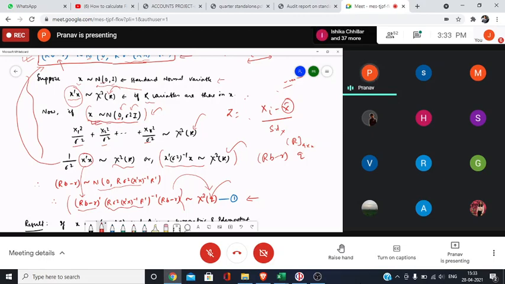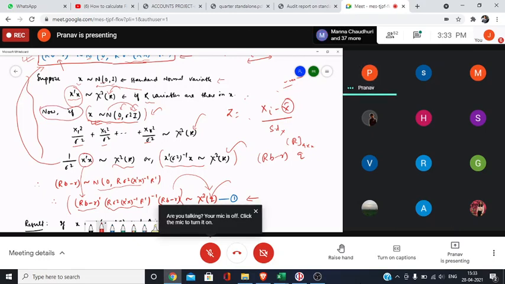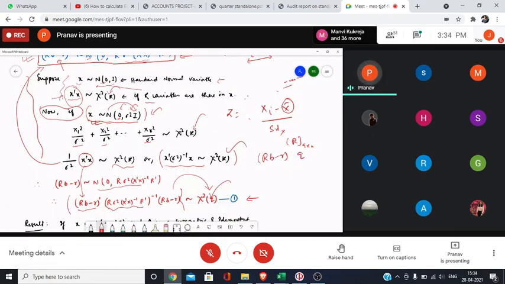Now x comes from a normally distributed random variable, but it has a homoscedastic variance, which is sigma square I. So you're defining that on your own. Yes, that's what I've written. This was simply to explain that if x is written like this, then the sum of squares will be a chi-square distributed random variable. But since the standard deviation is the same for all, you do not divide it by its variance in order to convert it to a standard normal variable, because it is already converted into that.